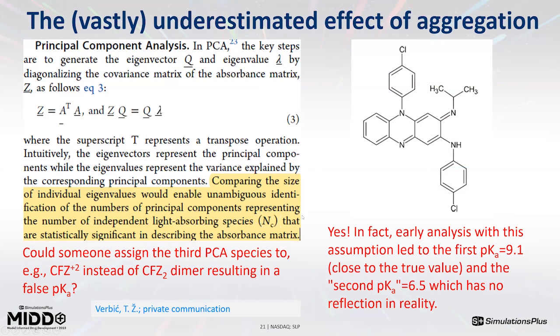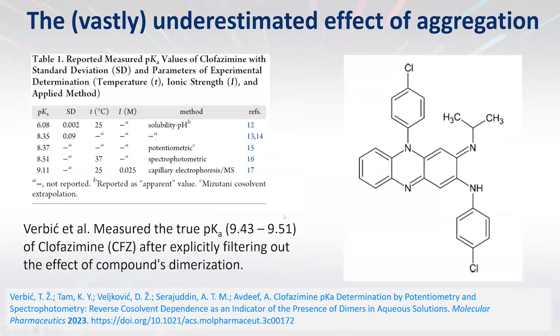you get the true pKa. And the true pKa is, let me go back. Yeah, right here. It's measured at about 9.5. So it's higher than any of the previously measured results.